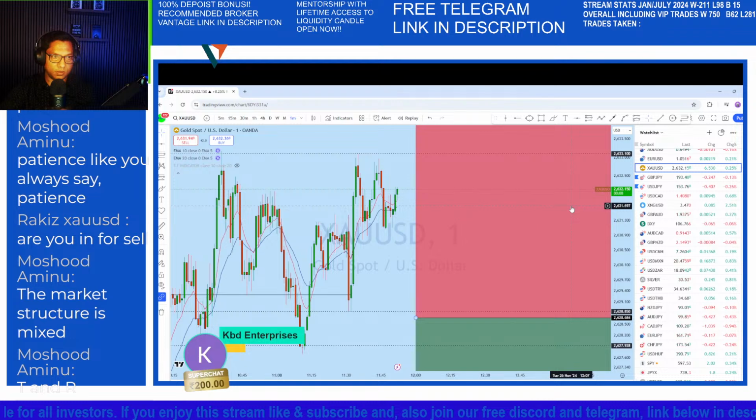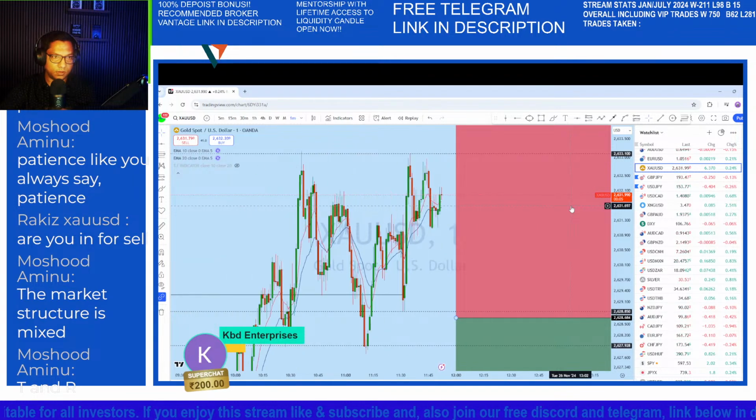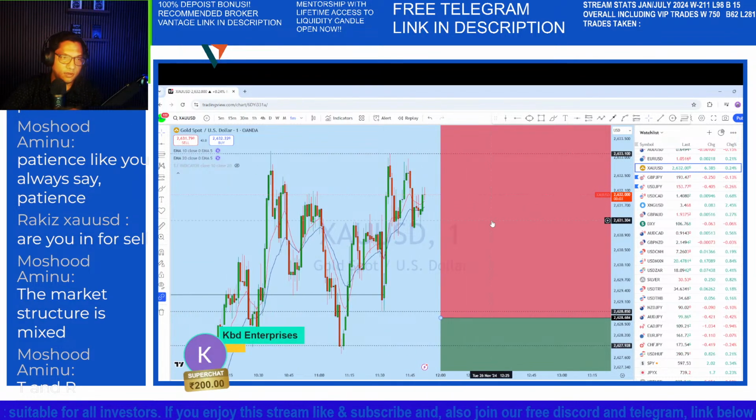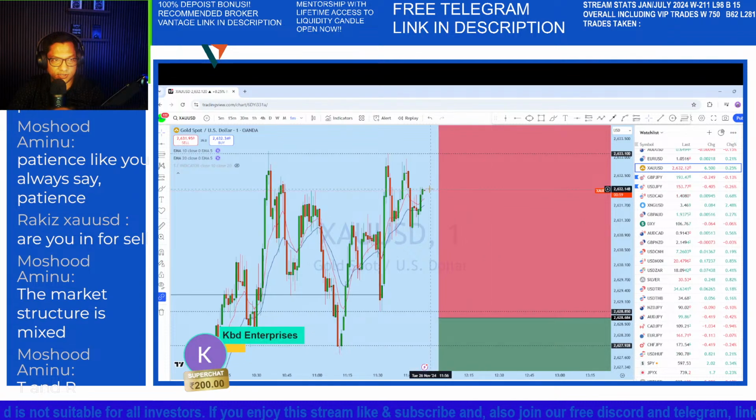Now, a little structure formation here again on the 1 minute chart, wanting to see that it's trending in that direction.